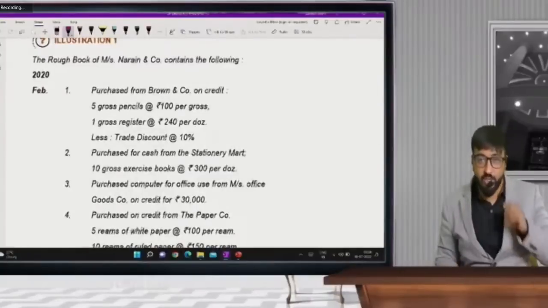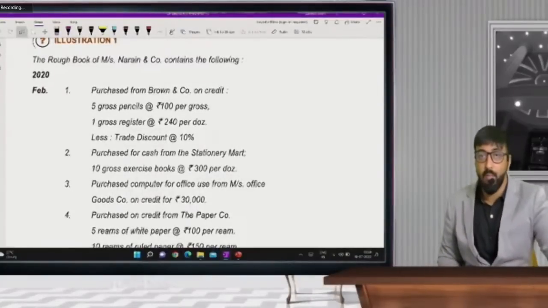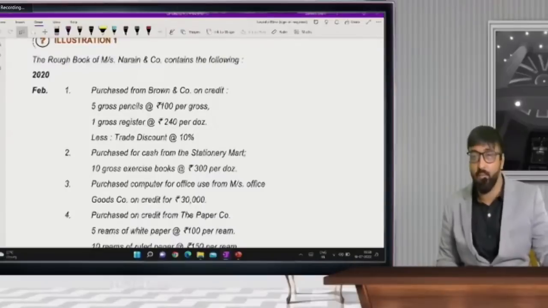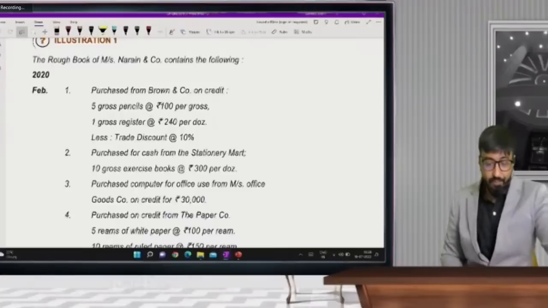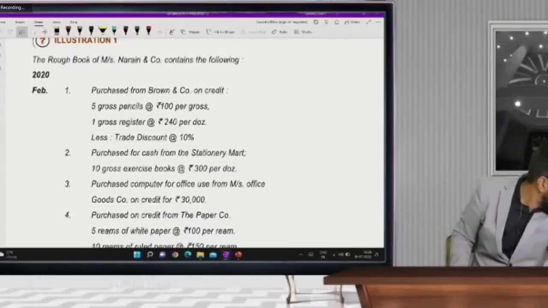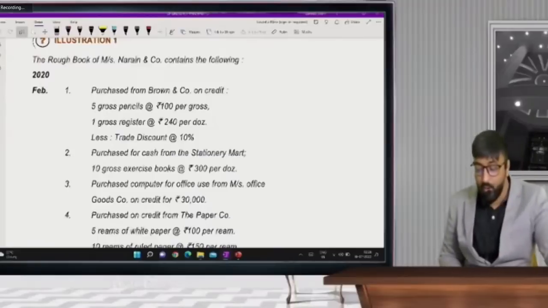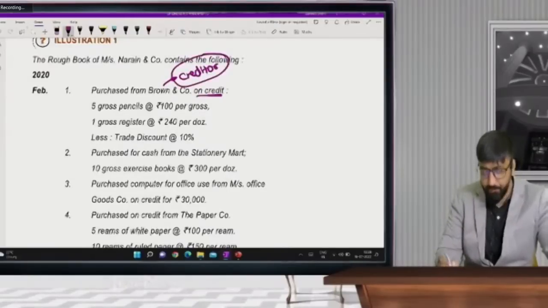Today you have to finish these problems beta. The rough book of Messrs Narayan and Company contains the following: purchase from Brown and Company on credit. So Brown and Company is our creditor.